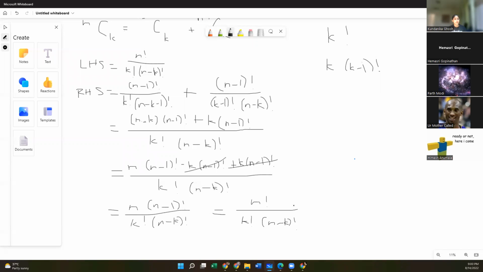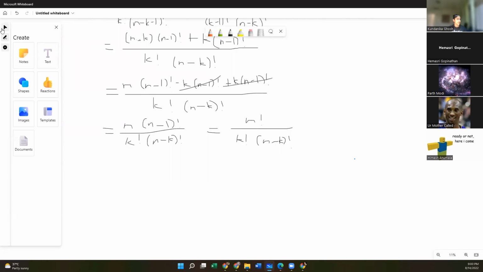Now look, your right-hand side is equivalent to your left-hand side, right? So here we go, we're just going to go down a bit again.